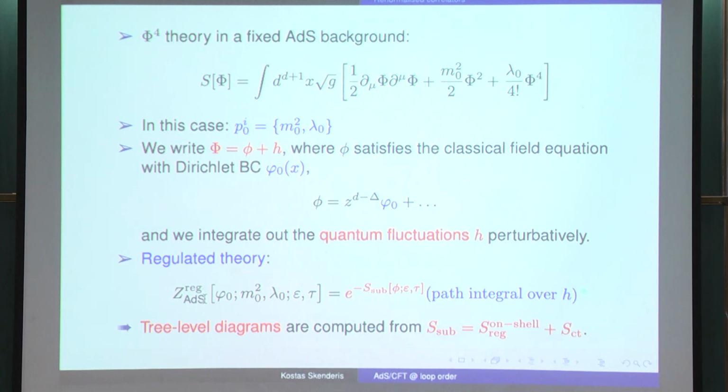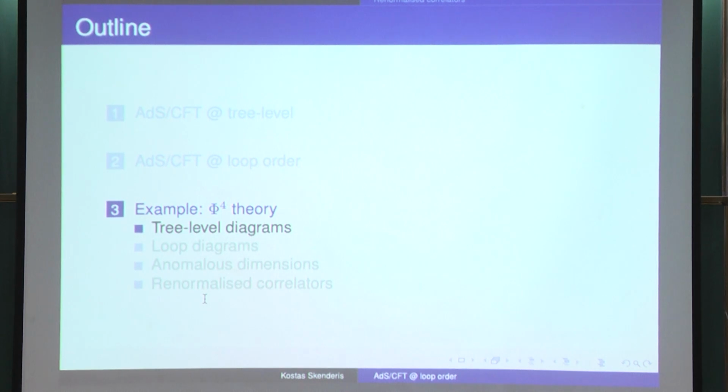And then there is the part that we get by doing the path integral over the fluctuations. So first, I'm going to focus back on tree-level diagrams and discuss how this part gives rise to Witten diagrams.